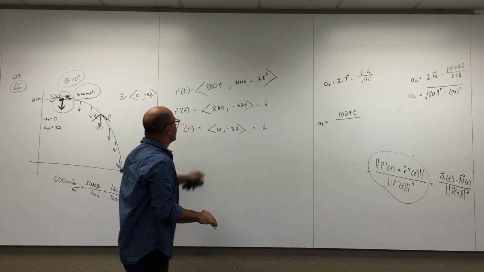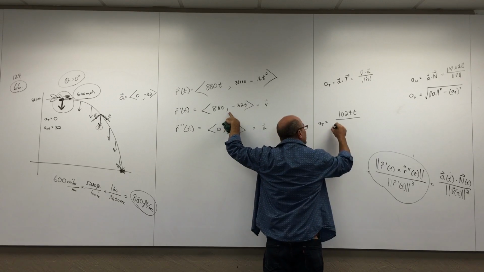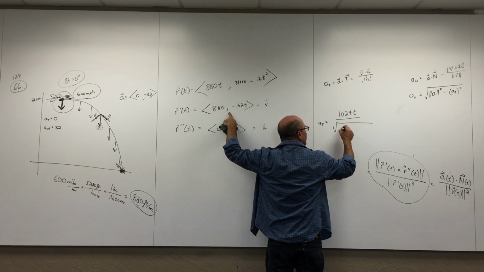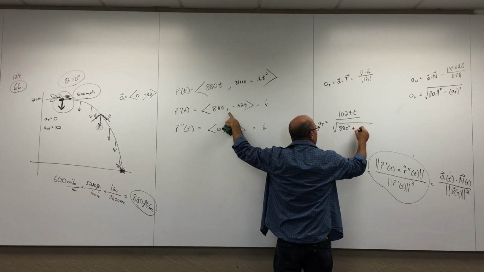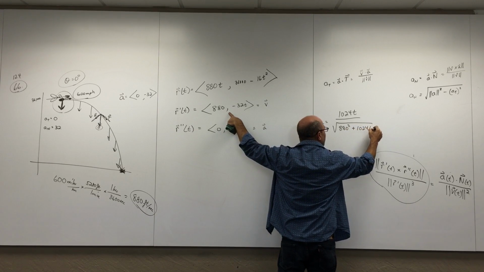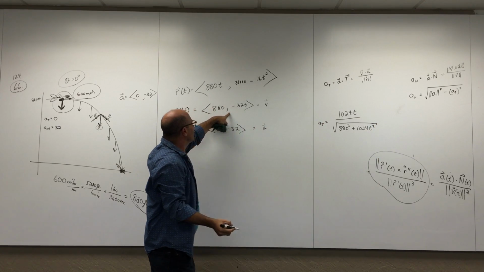Where's the magnitude of V? Well, there's V. What's the magnitude of that? Square root of 880 squared plus 1024 t squared, I guess. Magnitude of v.